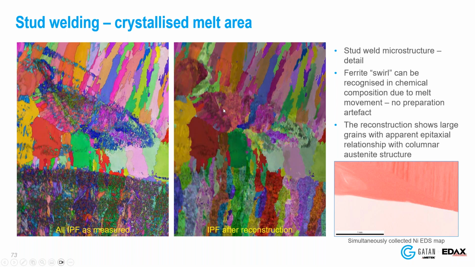But during the mixing, during the plunge of the stud into the melt pool, there was just a little bit of mixing of the ferritic base material with the austenitic material from the stud, and that allowed some grains to remain austenitic and others just transformed back when it was cooled down.